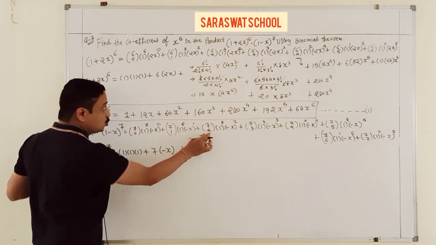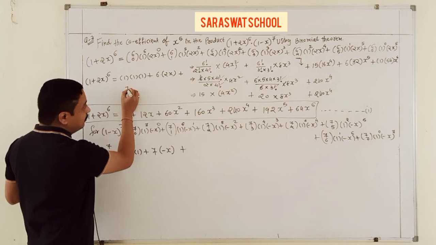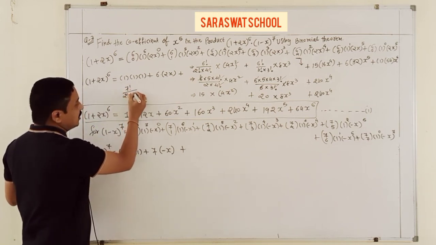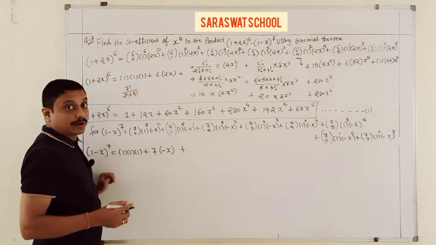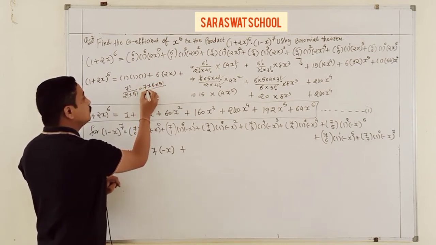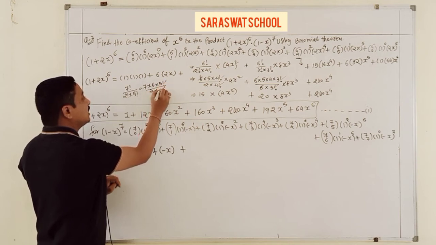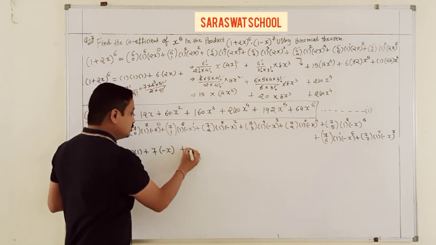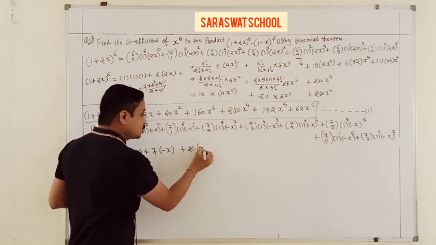Now 7C2 I calculate here by the method of factorials: 7 factorial over 2 factorial and 5 factorial. Our permutation method: 7, 6, 5 cancel. It is 21. 5 5 gone, 2 3s are gone. 21x raised to 2.